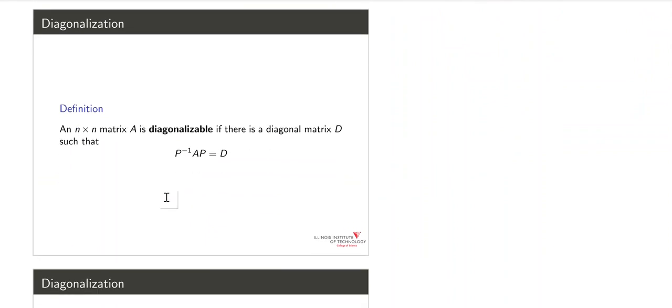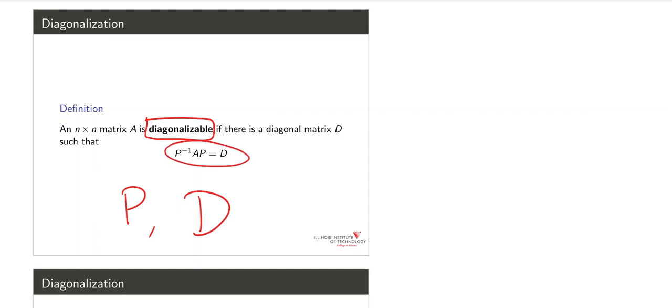So now, given a matrix A, it has to be a square matrix, but the size doesn't have to be 2 by 2. So in general, A is an n by n matrix. We say that the matrix A is diagonalizable, which means you can diagonalize it, in the sense that you can find a matrix P, which is invertible, and a matrix D, which is diagonal, such that P inverse A P is equal to D. So that's the definition.